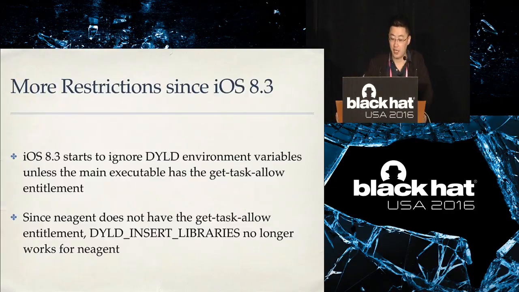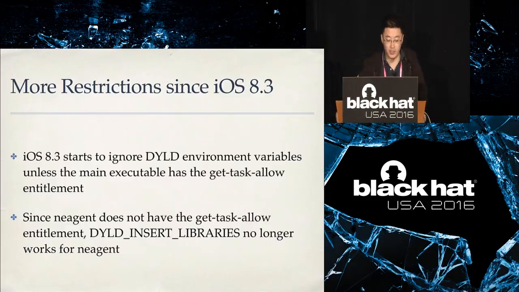But since iOS 8.3, there are more and more restrictions. In iOS 8.3, iOS starts to ignore the DYLD environment variables. If you check the source code of dyld, or if you reverse engineer the binary, you will see that unless the main executable has this special entitlement called get-task-allow, it won't use any DYLD environment variable.